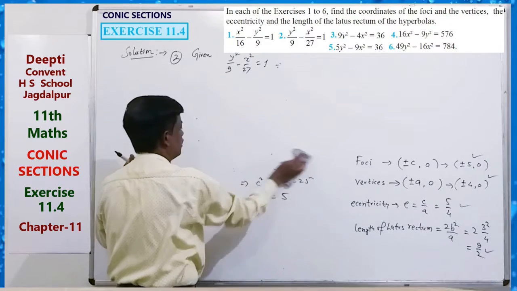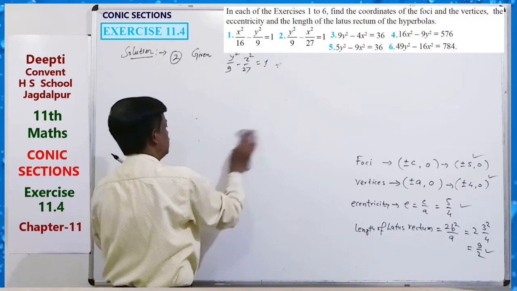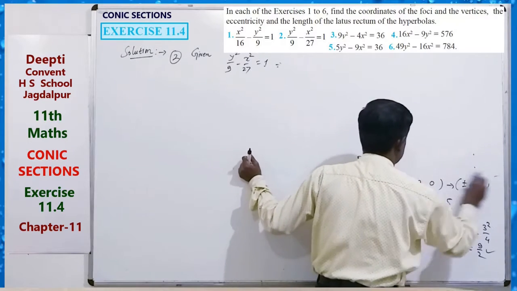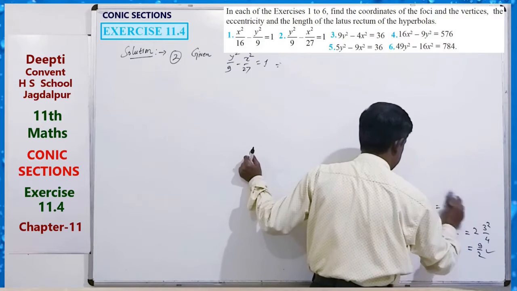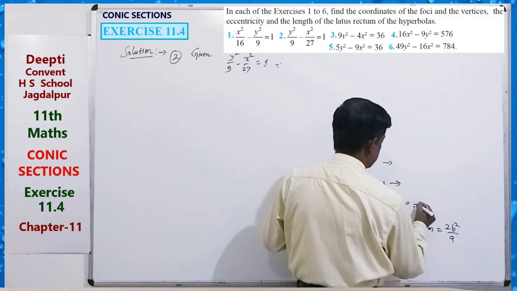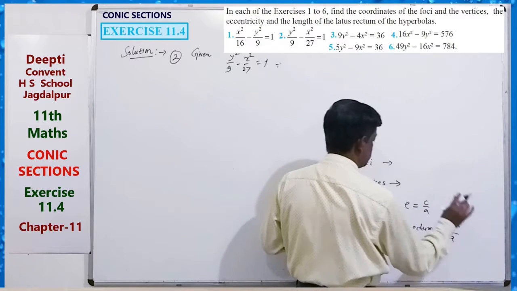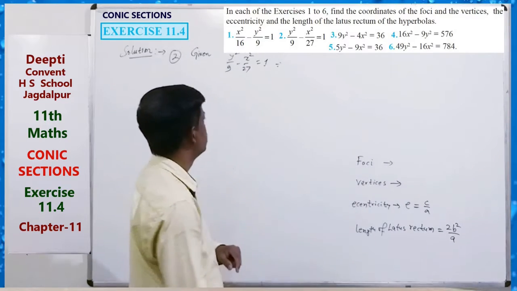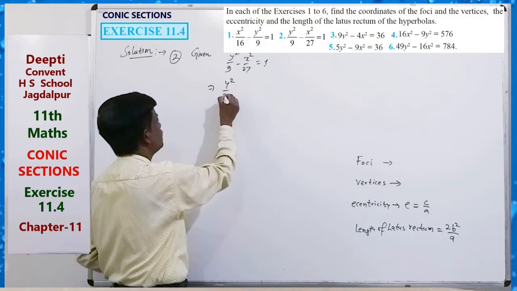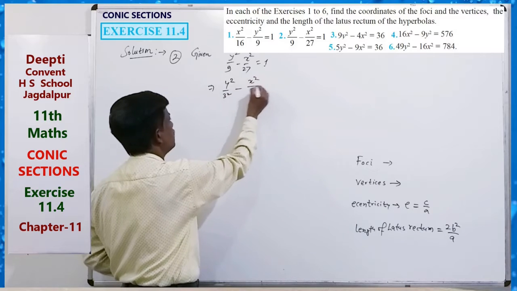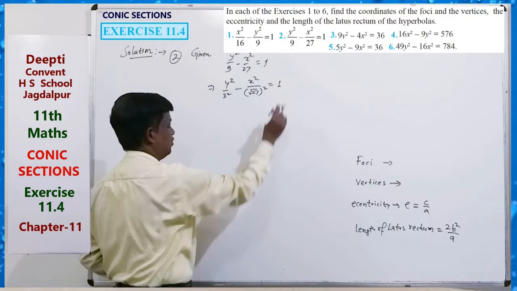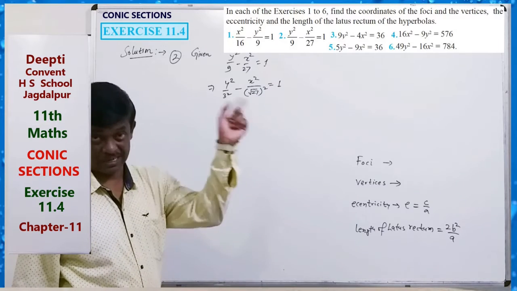I will write it in short for the solution. e equals c by a always, and latus rectum is always this. Here it can be written as y square by 3 square minus x square by root 27 square, just for comparing with the standard form.